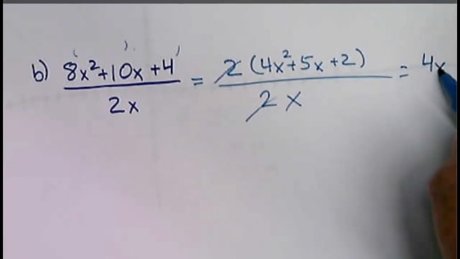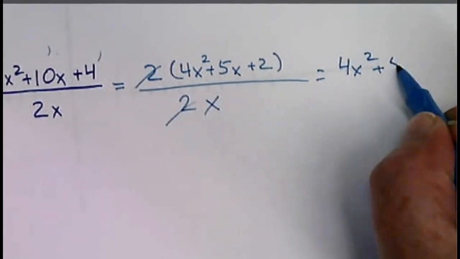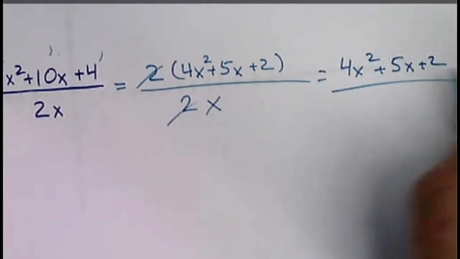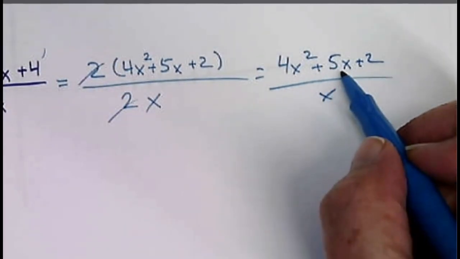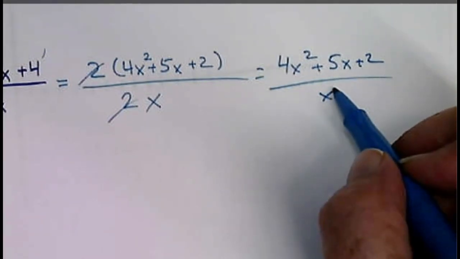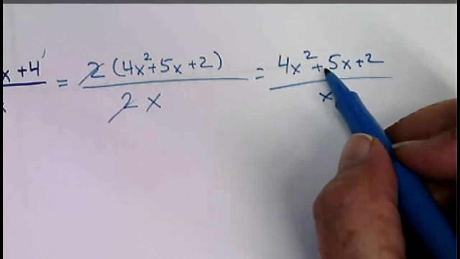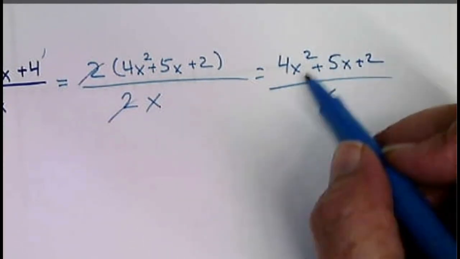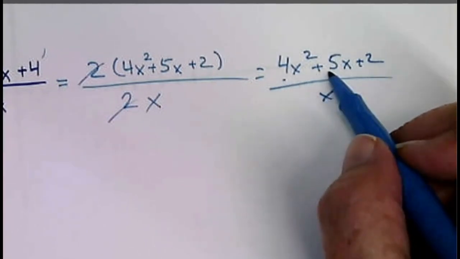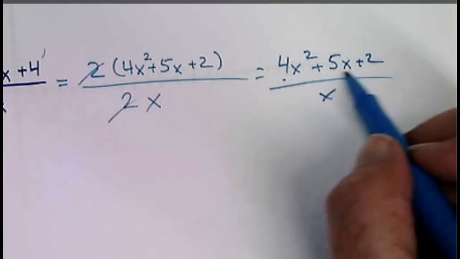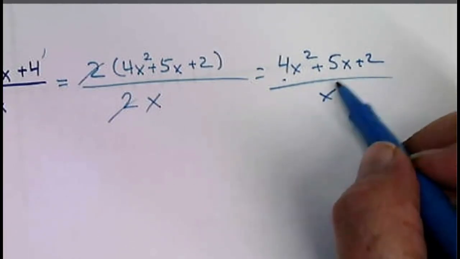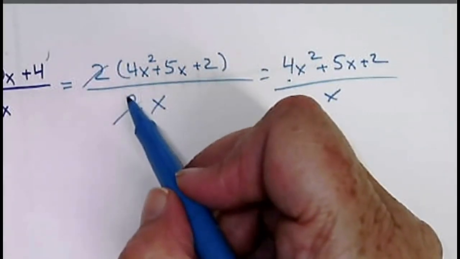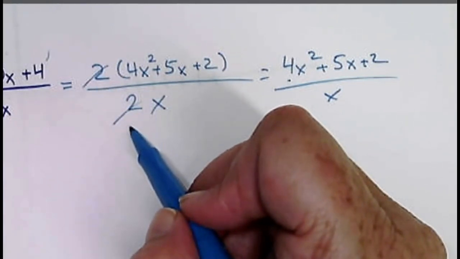And then it's important to know that you cannot cancel this x, because you may not cancel individual terms or parts of individual terms from an added or subtracted expression. If you have an expression with addition and subtraction, you cannot cancel from within it unless you are able to factor something out completely.